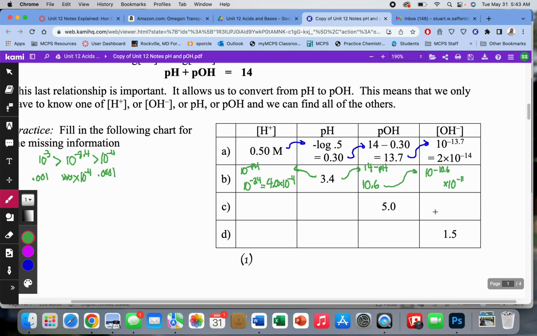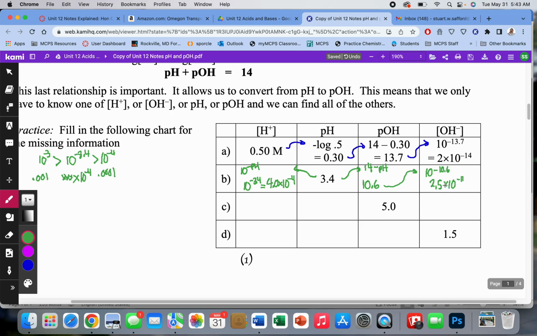But if you do this, you should have an idea of what the answer is before you actually punch it into your calculator. So when I punch in negative 10.6, I get 2.5 times 10 to the negative 11th, which is what I predicted.